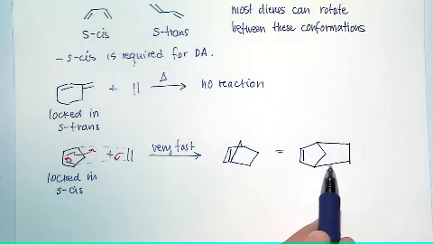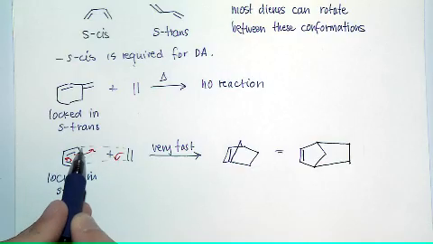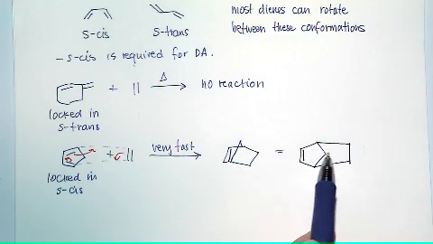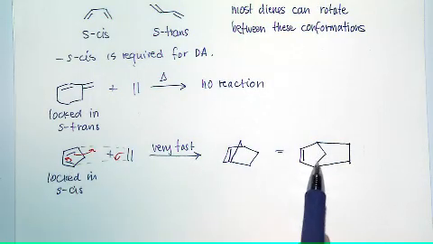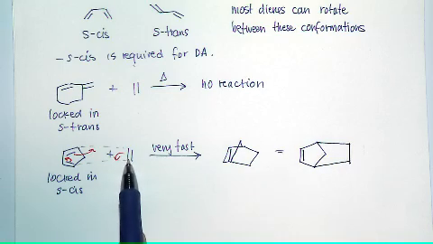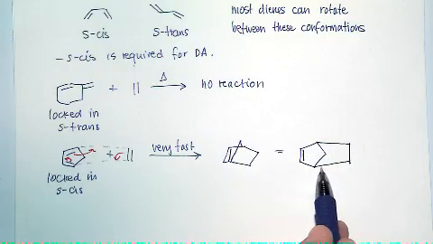Let's go to this one first, because if we draw the bonds that form between each end of the diene and each end of the dienophile, we can draw our arrows, and what we get is this, where we've still got the 5-membered ring from the starting material, and there's the dienophile right there. So we formed this bond and this bond.